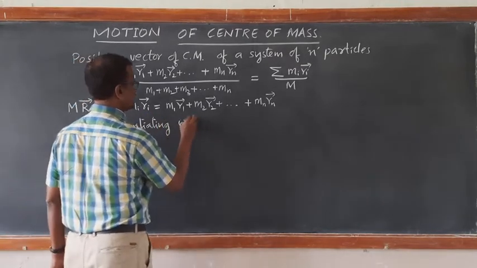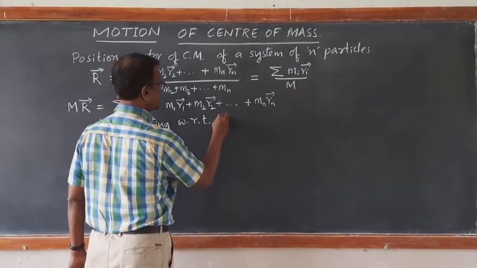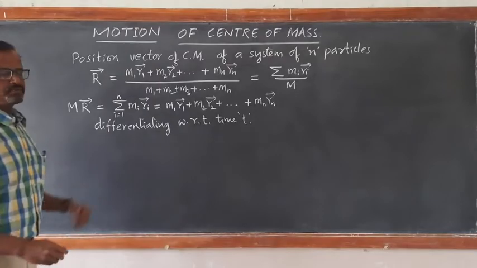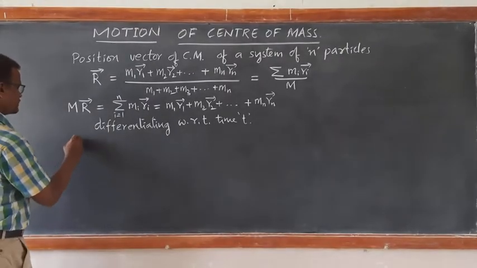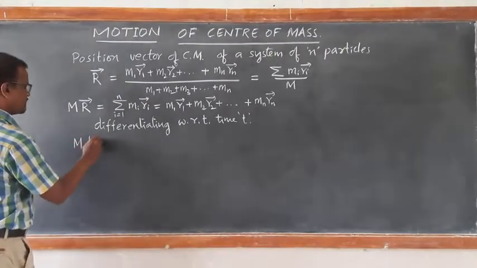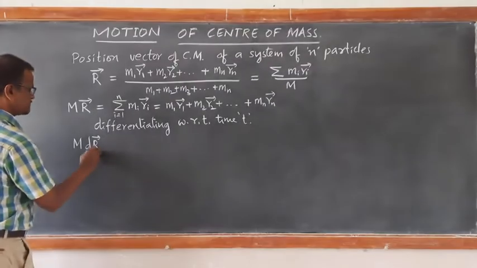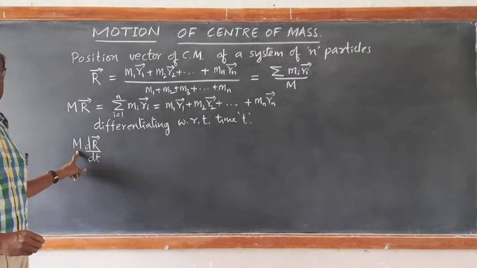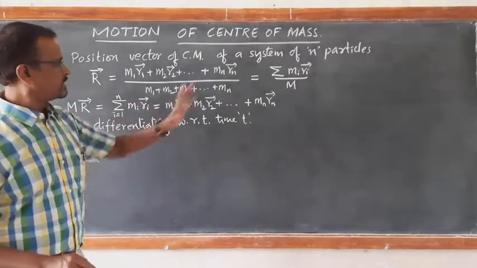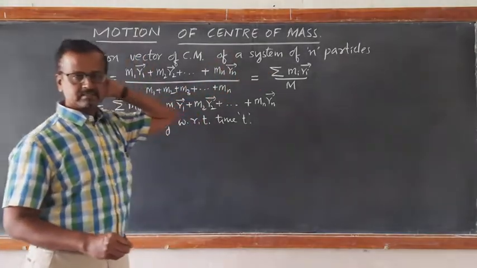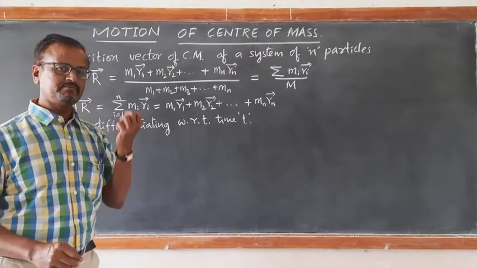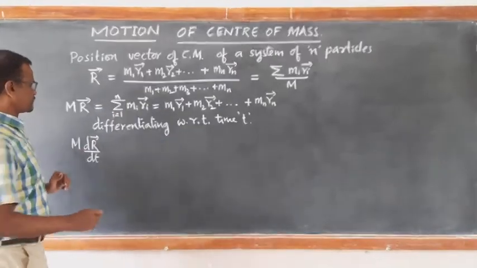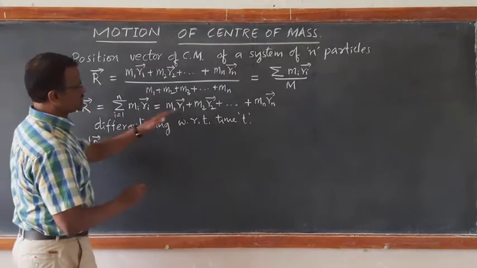If we differentiate this with respect to time t, then we get M dR by dt on the left hand side, where M is the total mass of the entire system of n particles. That is also going to be the mass of center of mass, into dR by dt.